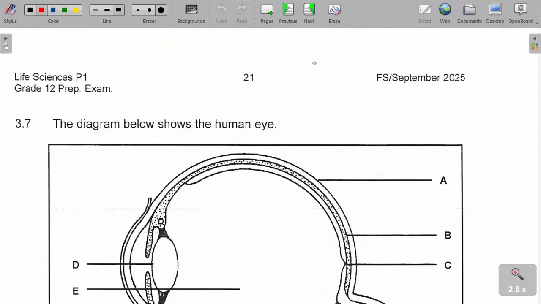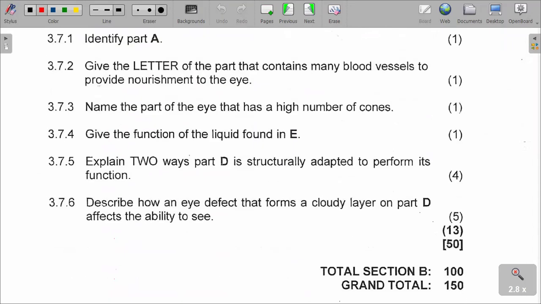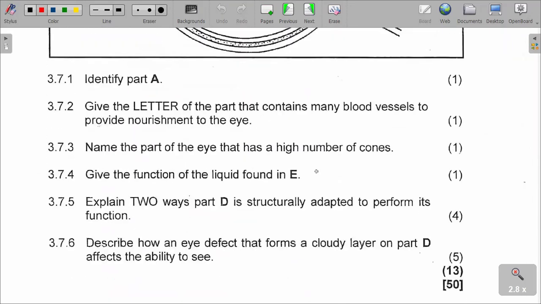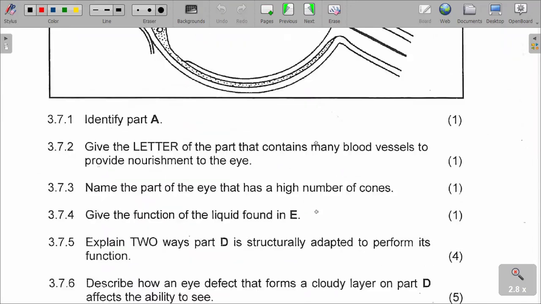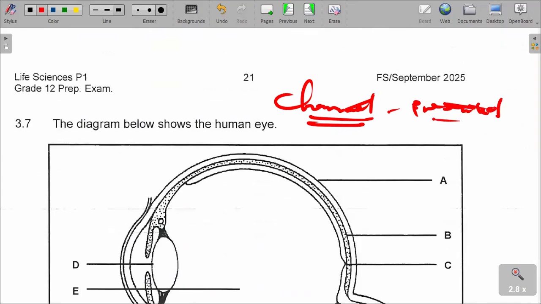The human eye also, we have answered quite a lot on the human eye. Also refer to the channel. It is also presented on the channel already.